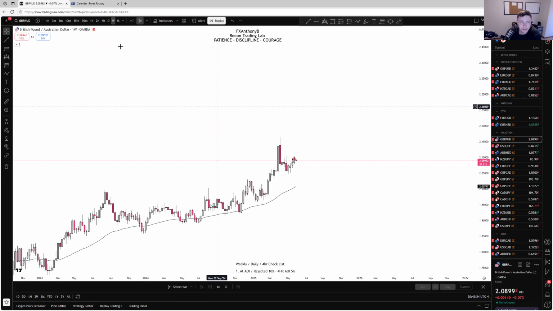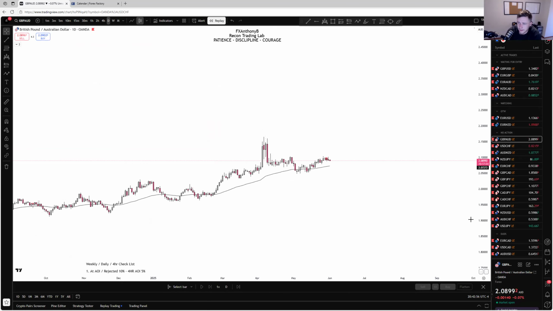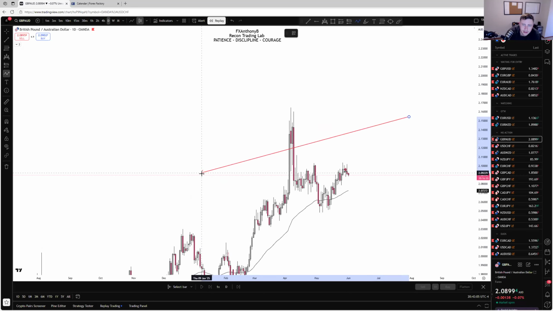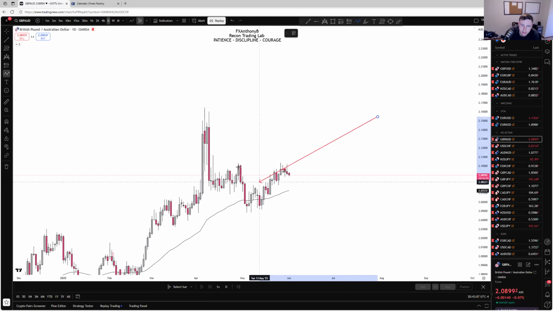GBP AUD, weekly bullish, daily. Daily's bearish. We have a higher high, higher low, shift to strike. Higher high, higher low. Lower high, lower low, bearish.